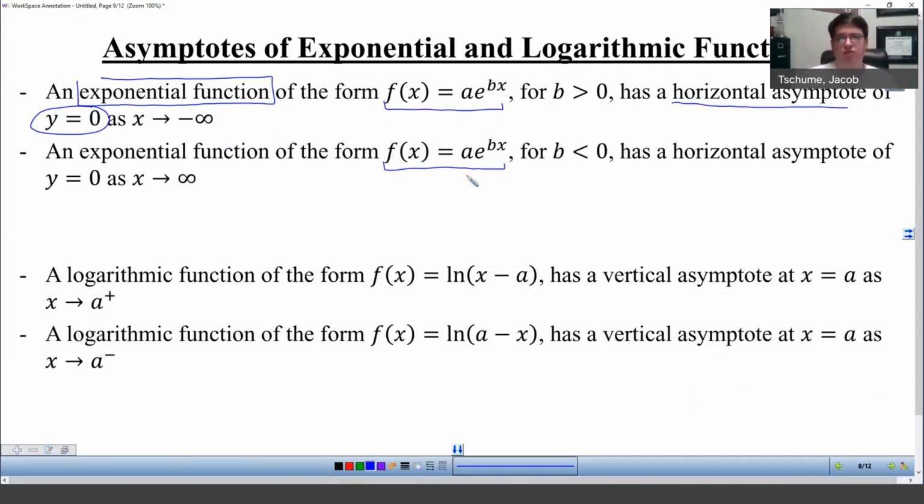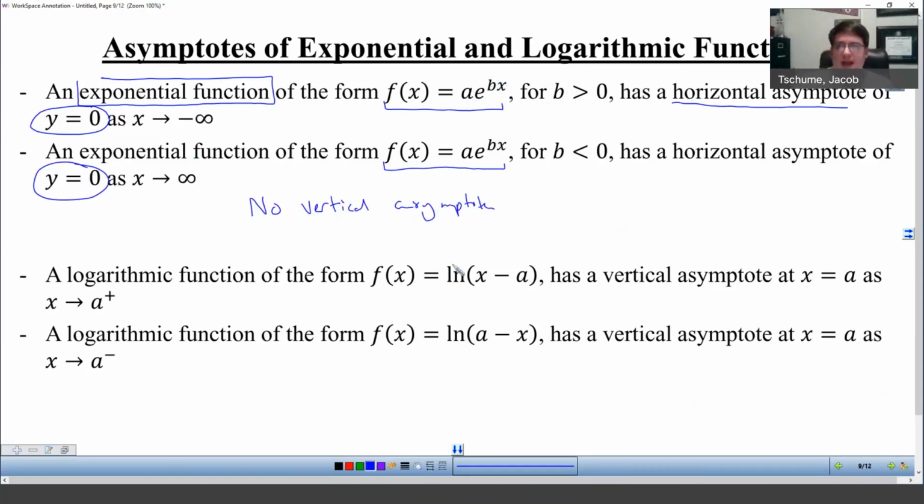That would change your answer a little bit, but if it's just of the form a times e raised to the b times x, your horizontal asymptote will always be y equals 0 on both of these rules. The good news is that exponential functions don't have a vertical asymptote.